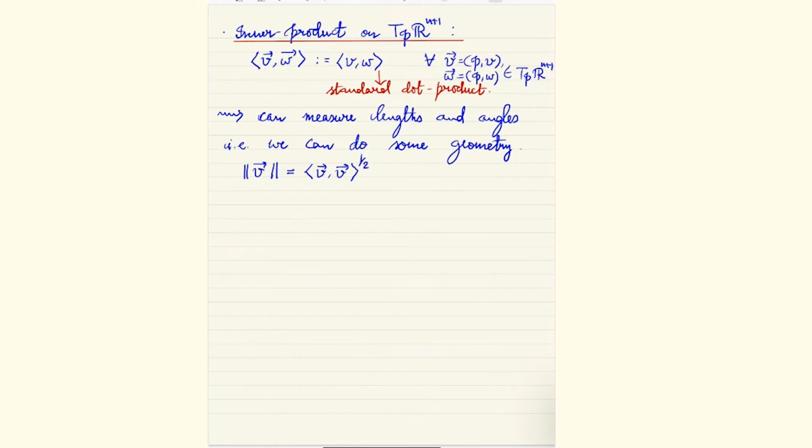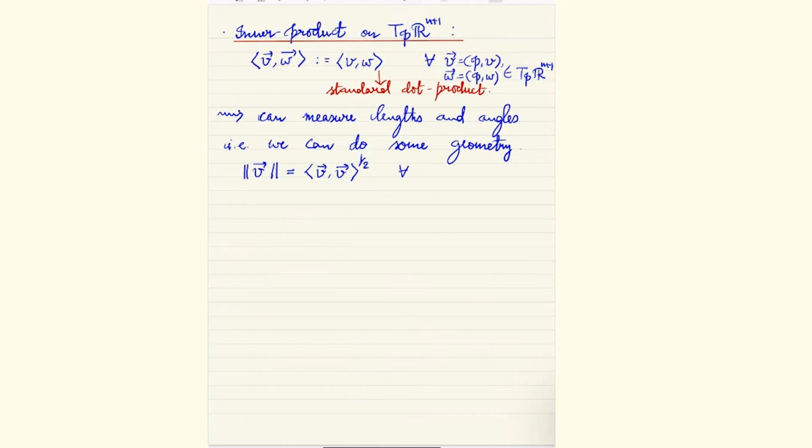Of course, from the standard dot product, you know that the inner product of a vector with itself is non-negative. If the vector is 0, it is 0. Otherwise, it's strictly positive. So you can take its unique positive square root. The right-hand side is a well-defined real number, called the length of the vector v.